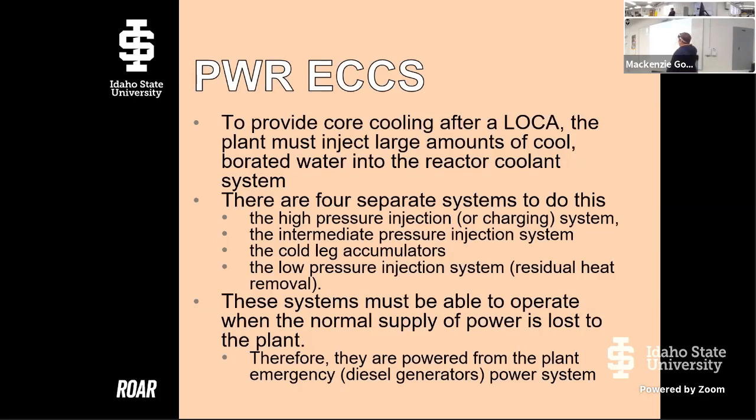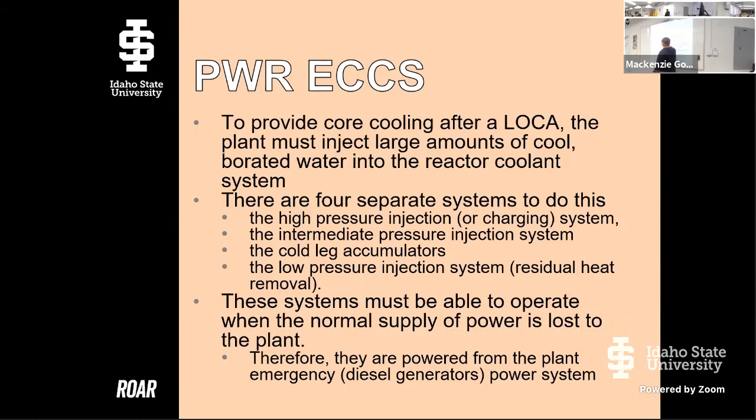Okay, so if we have a LOCA and we need to provide our cooling, we need to inject very large amounts of cool, borated water into the reactor coolant system. So we're still assuming that some parts of our primary system, like the pressure vessel itself, can hold water, right?